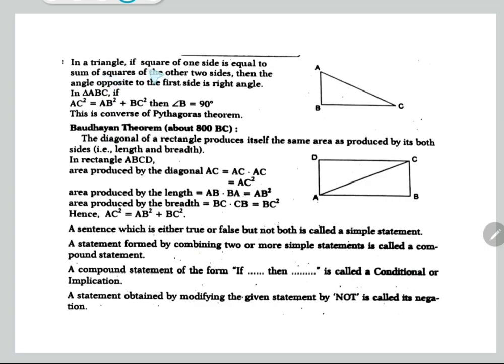In a triangle, if the square of one side is equal to the sum of the squares of the other two sides, then the angle opposite to the first side is a right angle. What is the meaning of this?